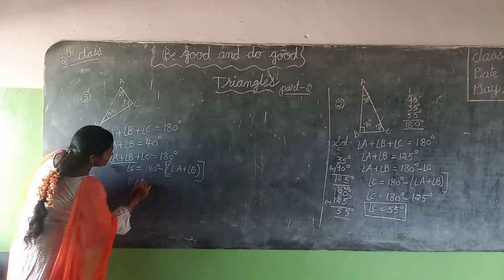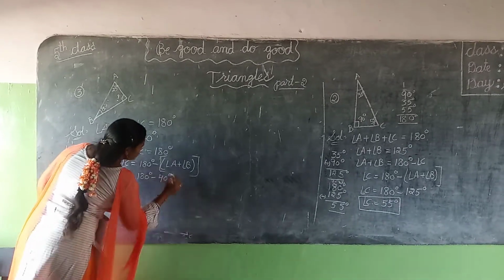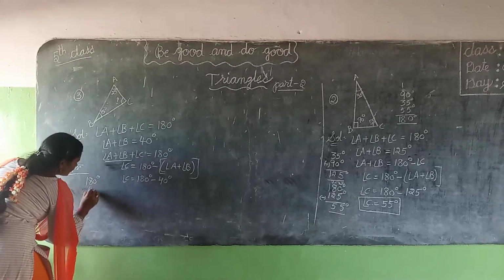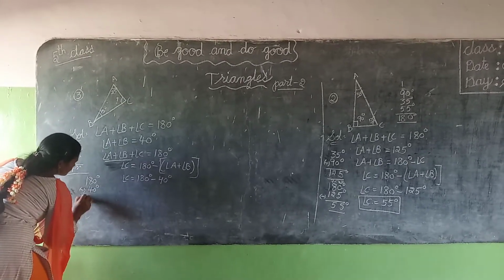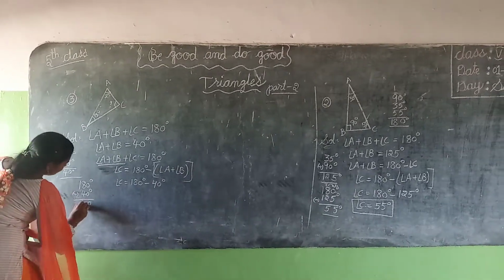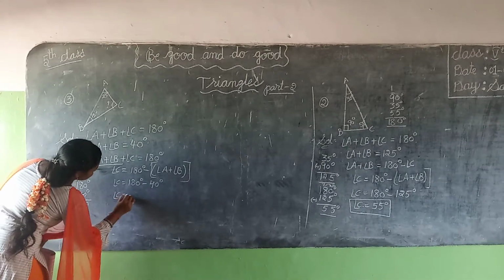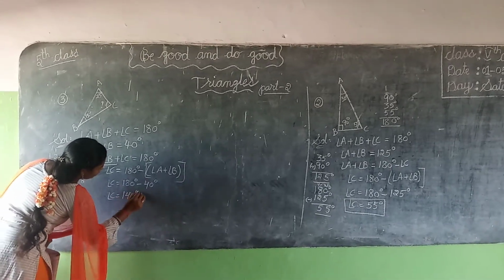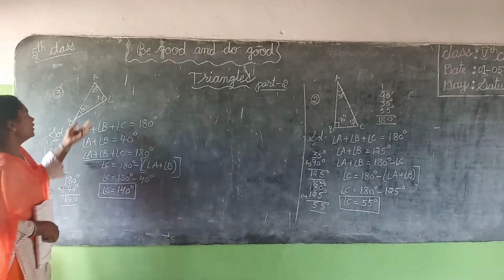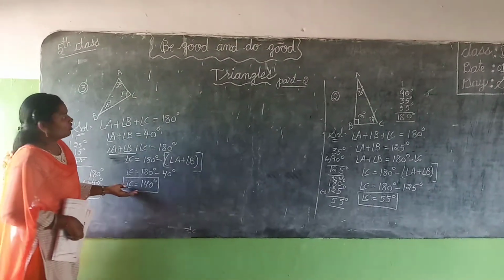So angle C is equal to 180 degrees minus 40 degrees. Subtracting these two: 0 minus 0 is 0. 8 minus 4 is 4 and 1 comes down. So angle C is equal to 140 degrees. Okay? So the third angle should be 140 degrees.